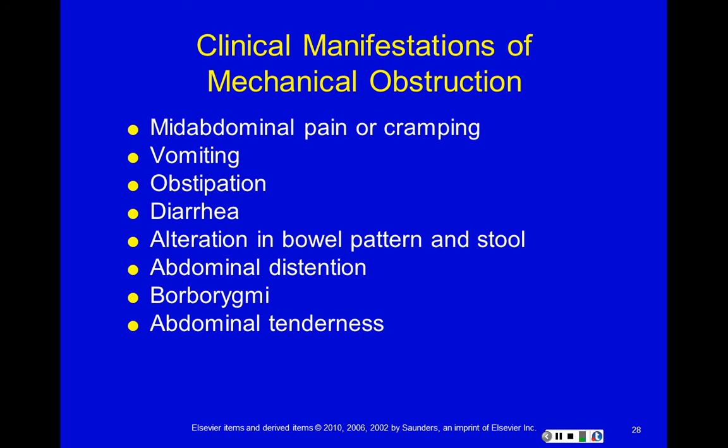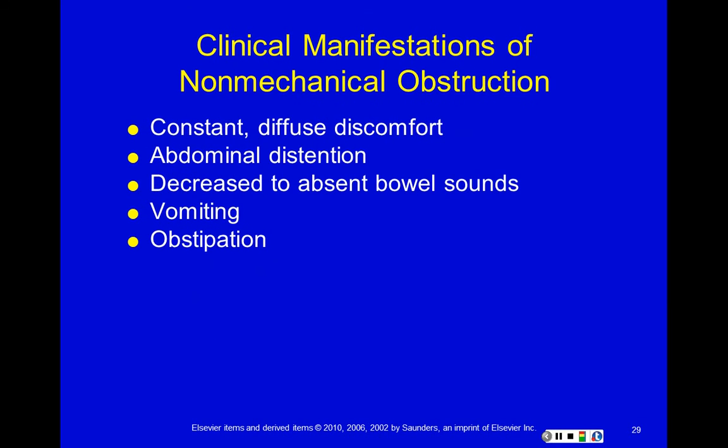So you've got the actual obstruction with the mechanical obstruction, something's blocking it. But then the distension is going to interfere with peristaltic movement as well. So how are we going to fix this? We'll talk about that in the upcoming slides.